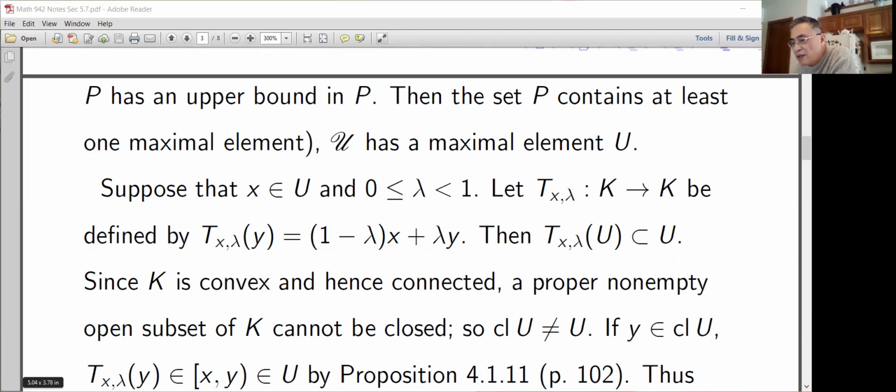And this segment is contained in U by proposition 4.1.11 on page 102.